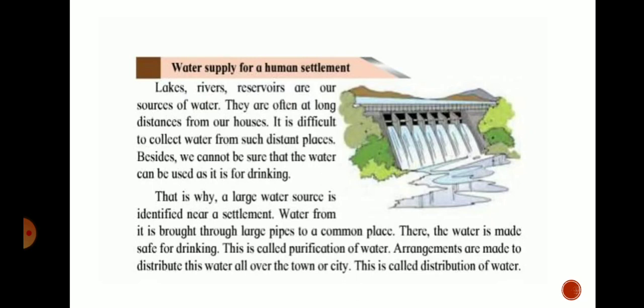So area wise, a big water tank is there. There the water is collected in the tank and it gets purified, and afterwards with the help of pipes the water is supplied. First it gets purified and afterwards it gets supplied, distributed to the human settlements.